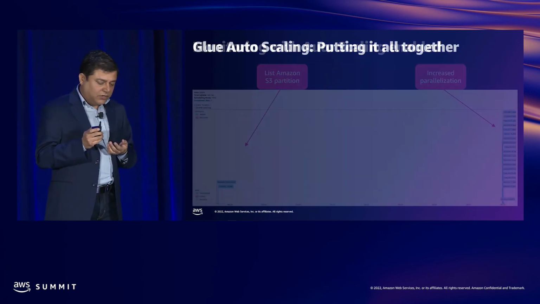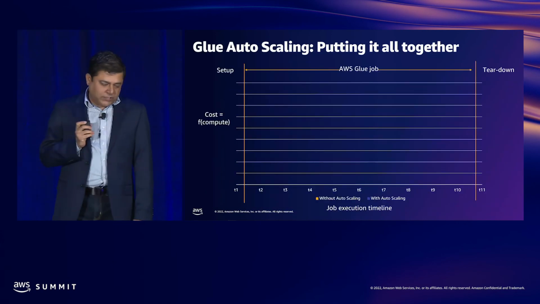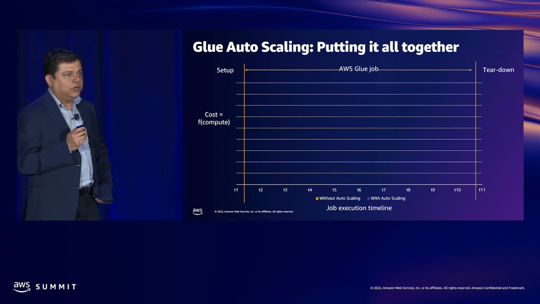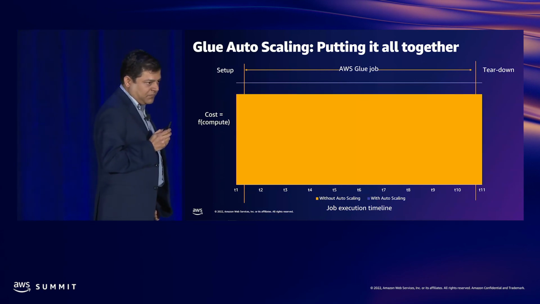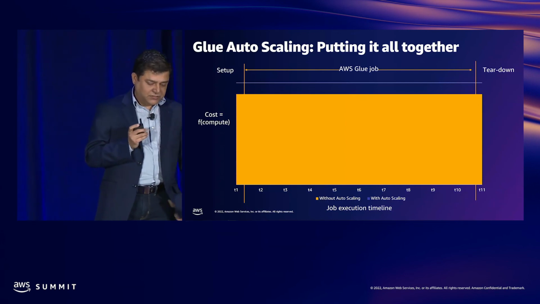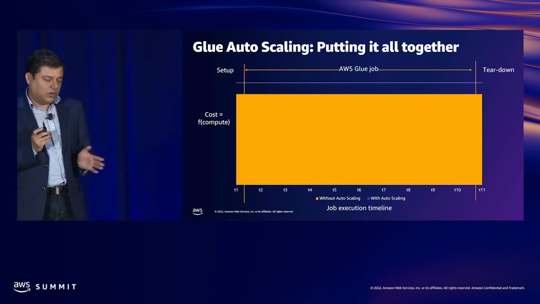So putting this all together, when you start your job, your cost is a function of the compute used. At the setup stage and without auto scaling, your total cost stays constant throughout the job.